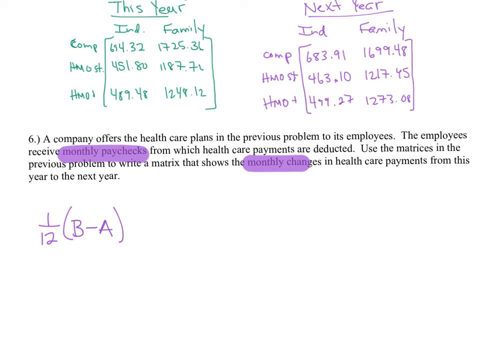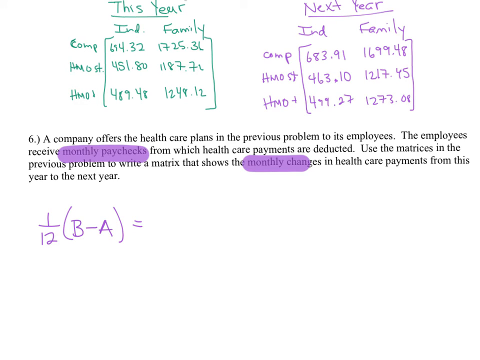So when I do that, meaning I'm just going to take, for example, 683.91, and I'm going to subtract 694.32. So here, if you try to read this for individual comprehensive plan this year, it's actually higher than next year. So it's going to go down next year for an individual in the comprehensive plan.